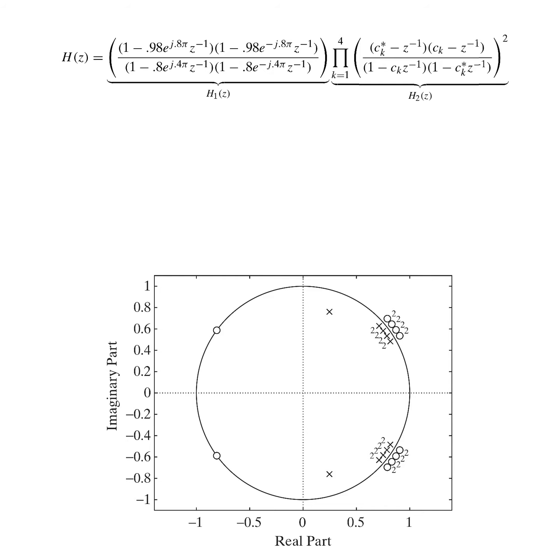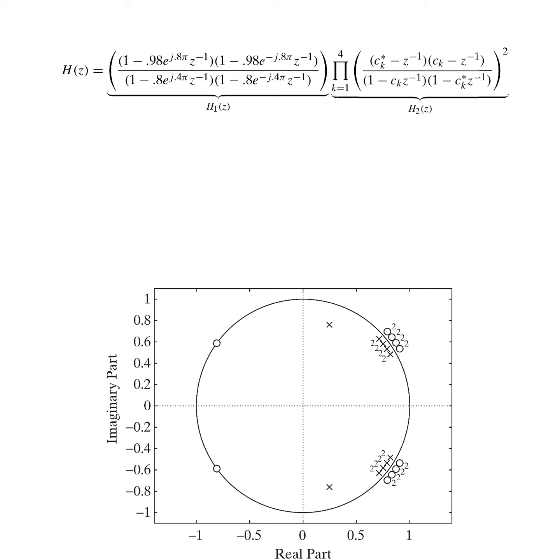One important thing you would notice here is that for some value of coefficient ck, this H2 of z represents an all-pass system, meaning that the magnitude response of H2 of e to the power j omega would always be equal to 1 for all values of omega.